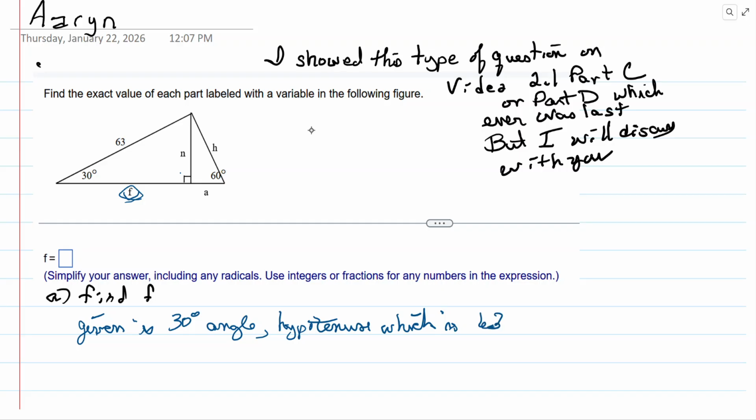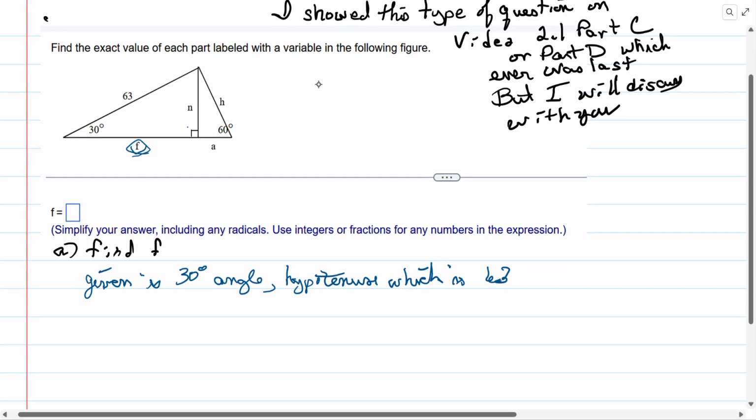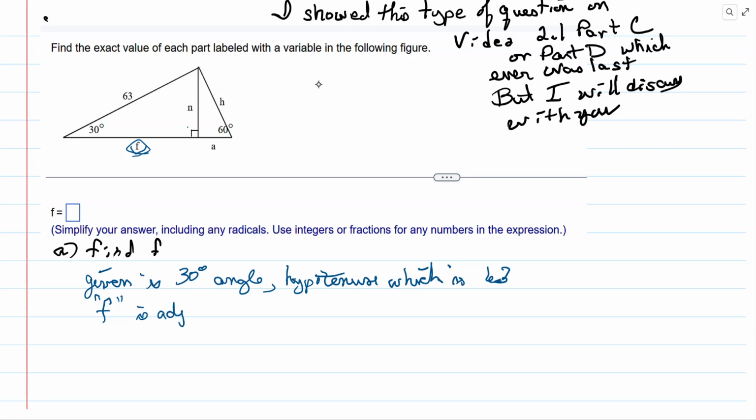We're given that, and F is adjacent of the 30-degree angle.